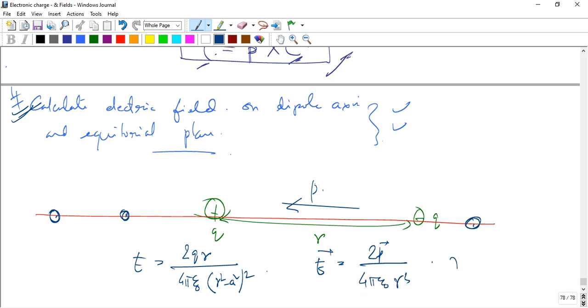If R is much greater than A, that represents A. That is actually 2A, with A here and A after that, and that is equal to R. So these are the R.